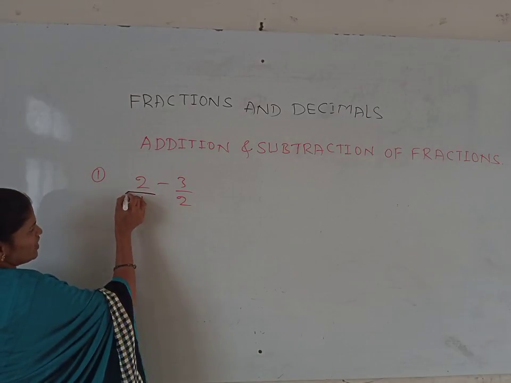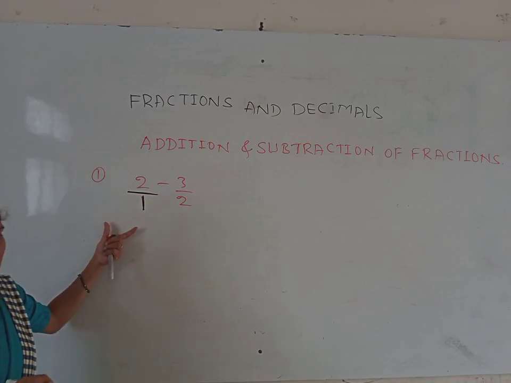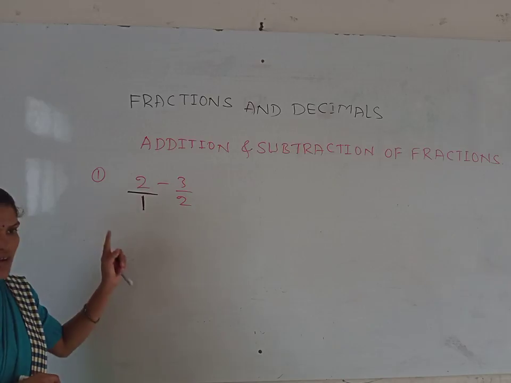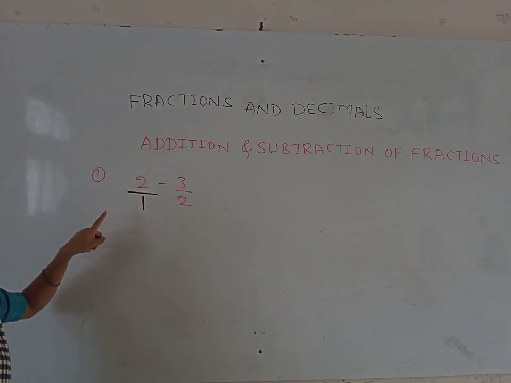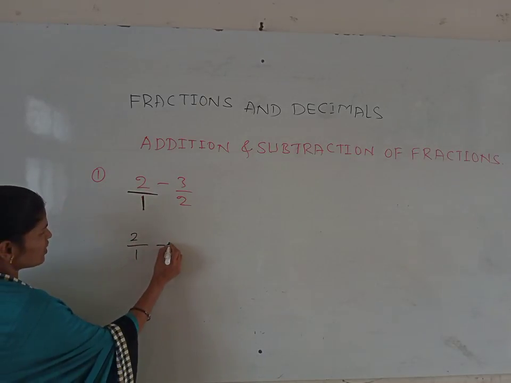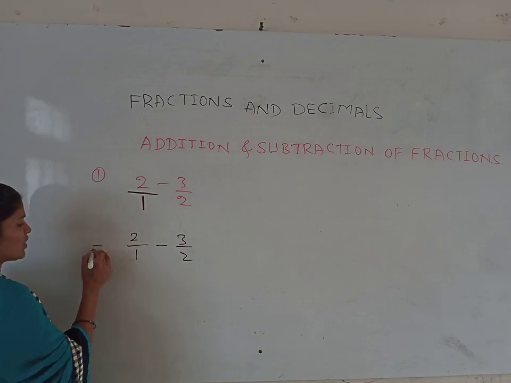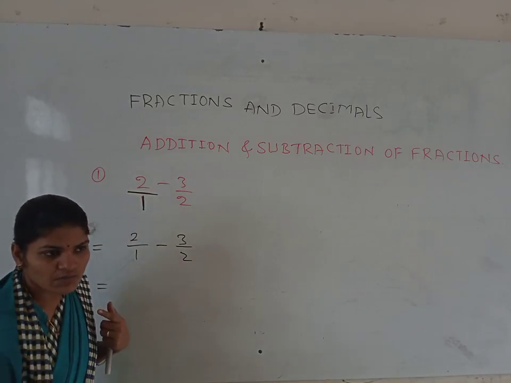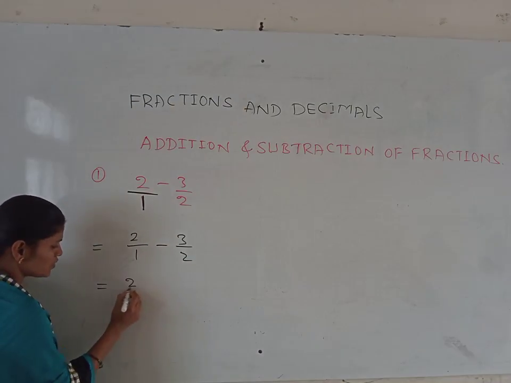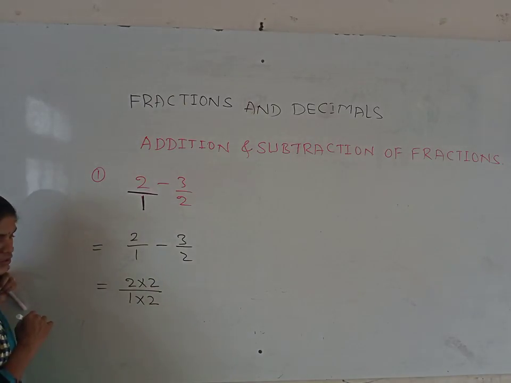Every number is always divisible by 1. If we do not give any denominator value, it is always divisible by 1. This is a very important step. Now the fraction becomes 2 by 1 minus 3 by 2. The denominators are different, so we make them the same. The LCM of 1 and 2 is 2 itself. 2 divided by 1, 2s are 2, multiply and divide by 2.